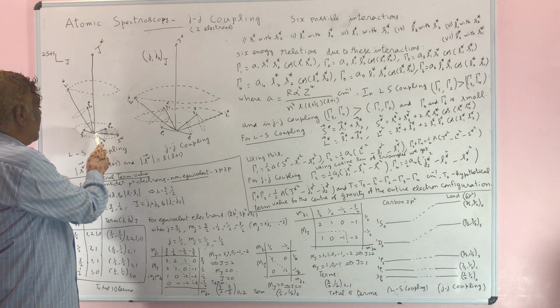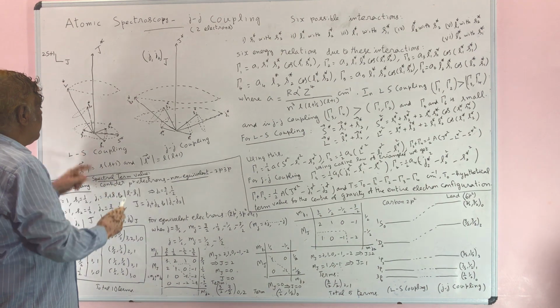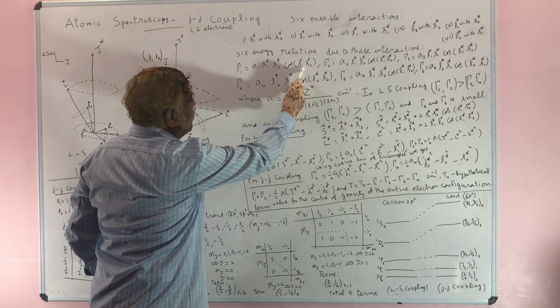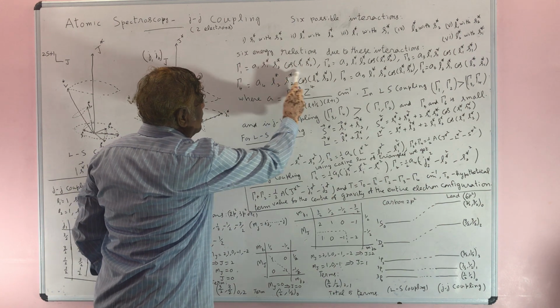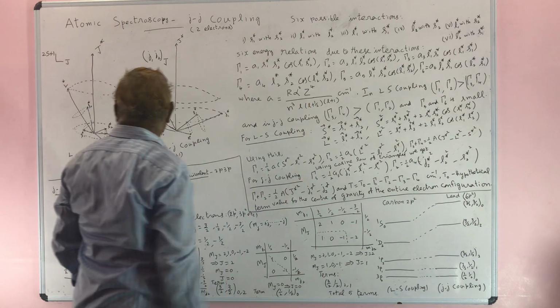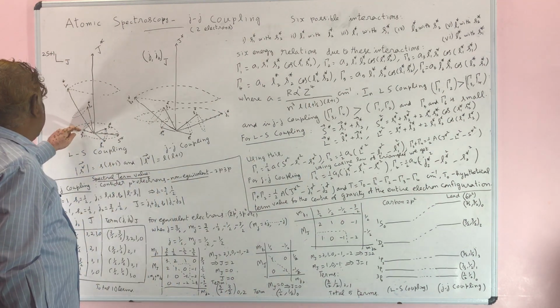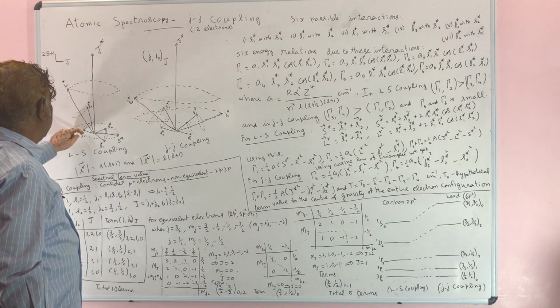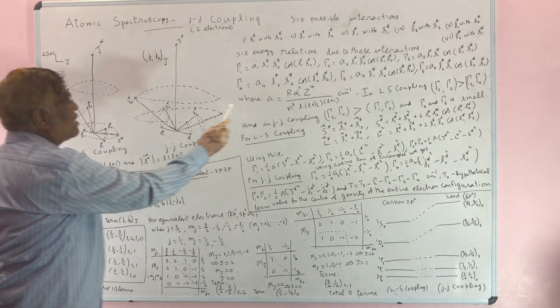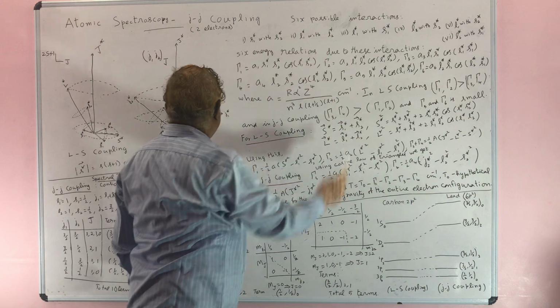Theta is the angle between S1 star and S2 star. Similarly, gamma 2 involves L1 star and L2 star, and the cosine of the angle between them is given by this relation.